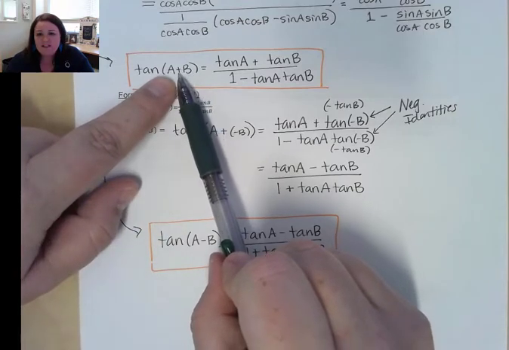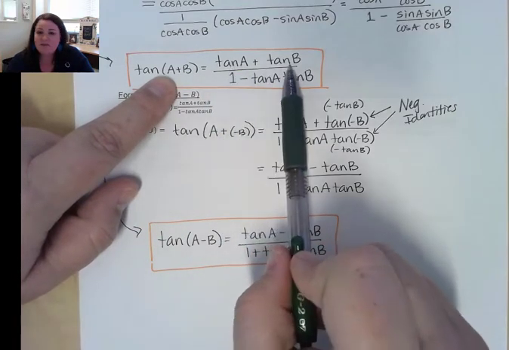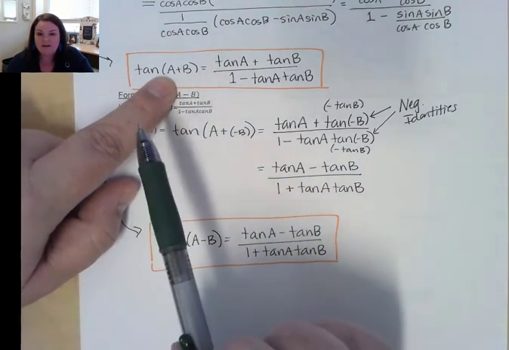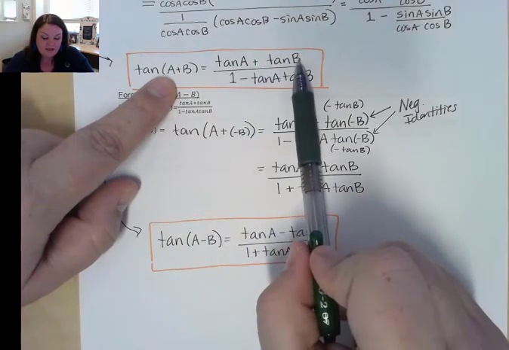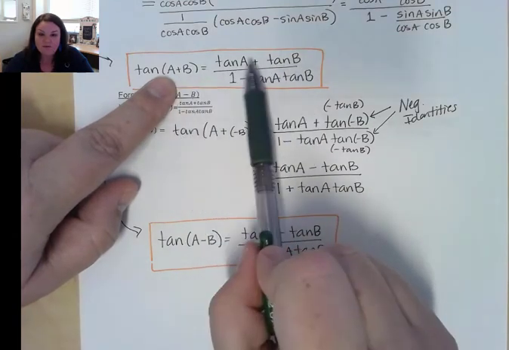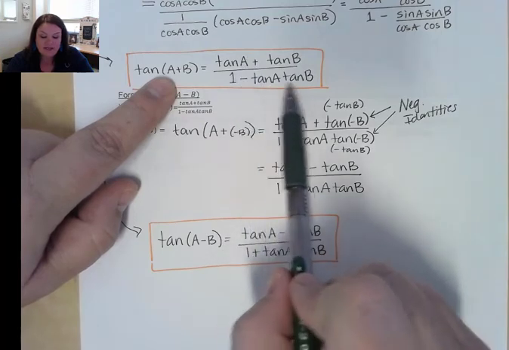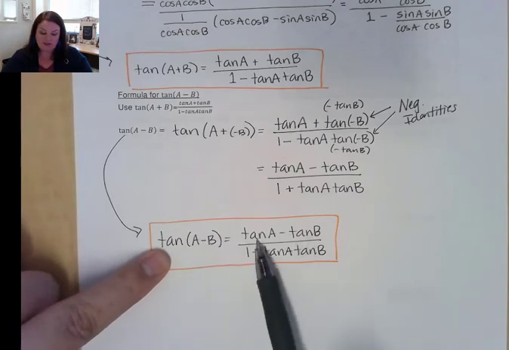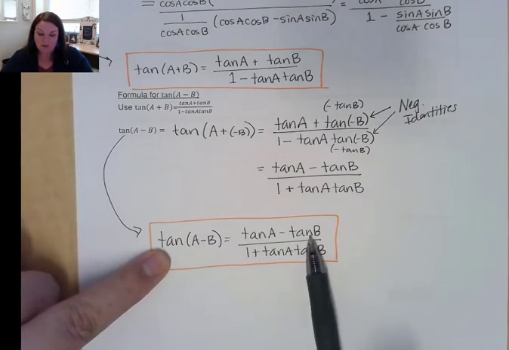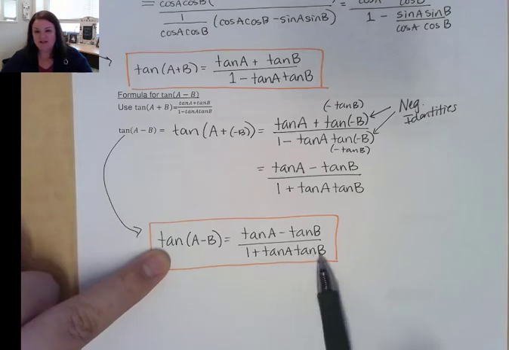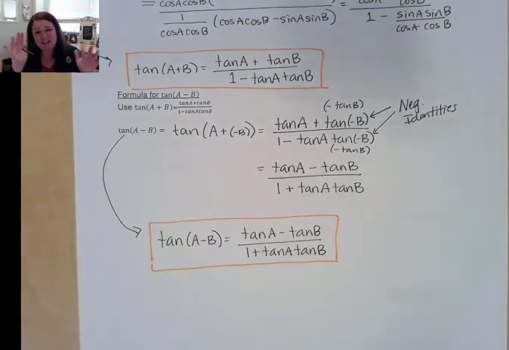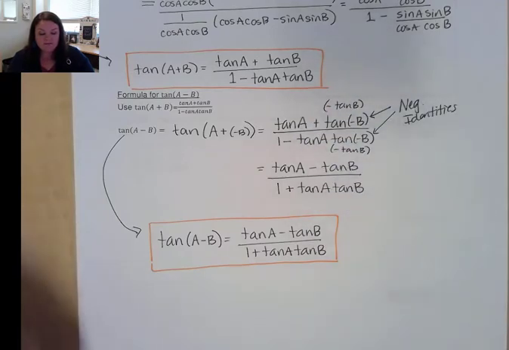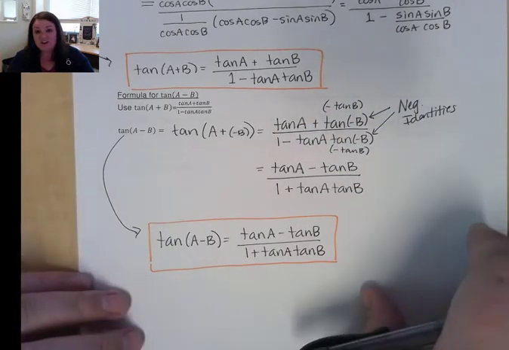This is an addition: you're doing tangent of A plus tangent B, and then on bottom, you do 1 minus tangent A, tangent B. The only difference when we do a difference is we start by doing a difference on top, and then on bottom, we do 1 plus tangent A, tangent B. So I didn't come up with a neat little jingle for that one. I'm sorry. But hopefully it's easy enough that it won't be hard to remember.